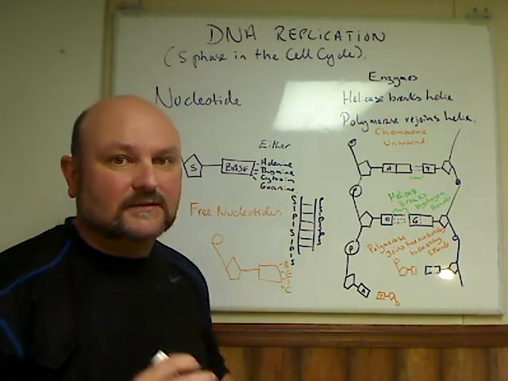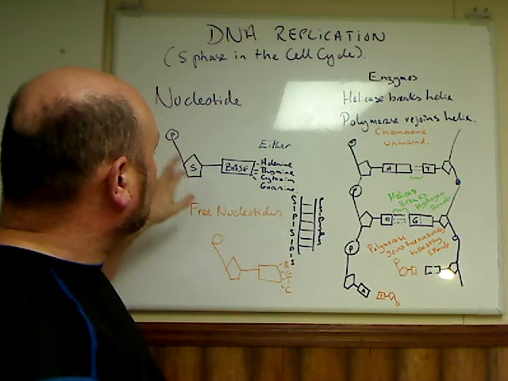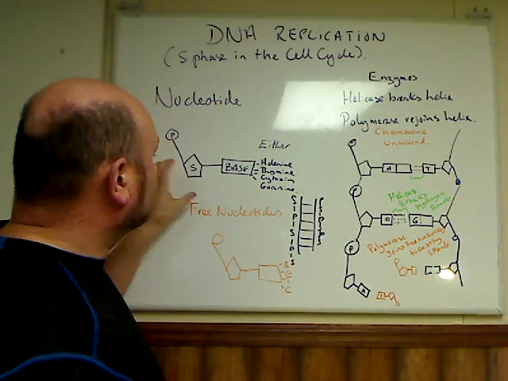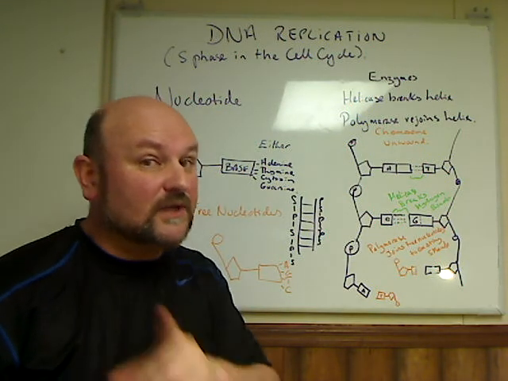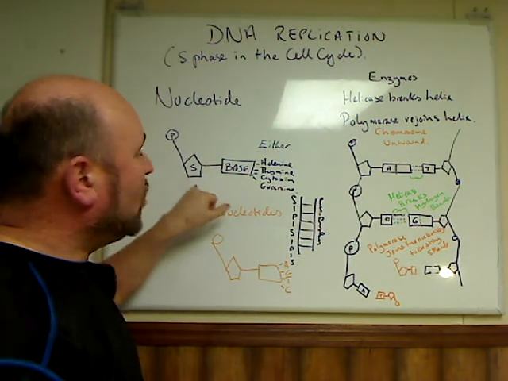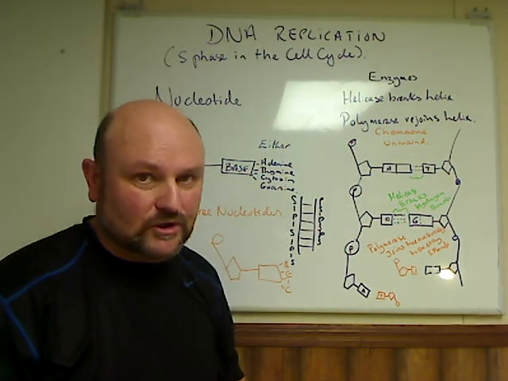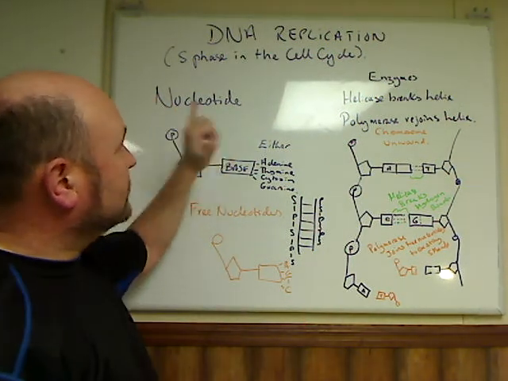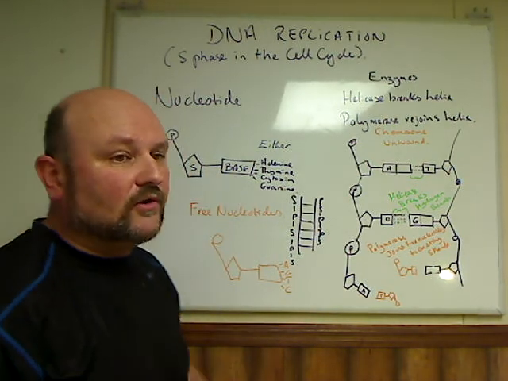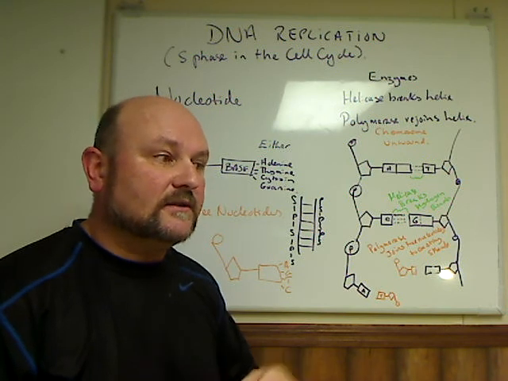Now earlier I said the sugar was a pentose sugar, 5-carbon sugar, and I said ribose. Now I misspoke, because this is DNA, so it's deoxyribose sugar. And that's one of the differences between DNA and RNA, that there's one less oxygen on the sugar in DNA than there is in RNA.